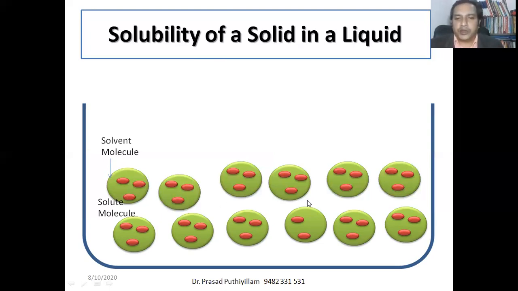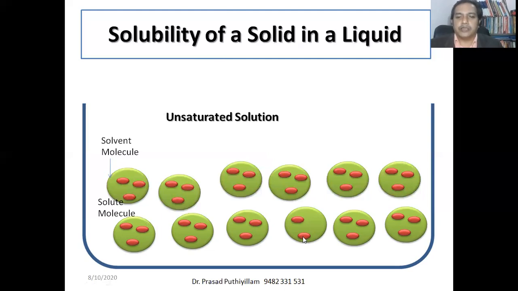So we reached a point here where one more solute particle can be added to this solution. Till this state, which is represented here, we can say that this solution is unsaturated. This is not saturated.